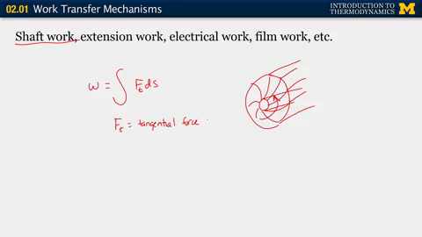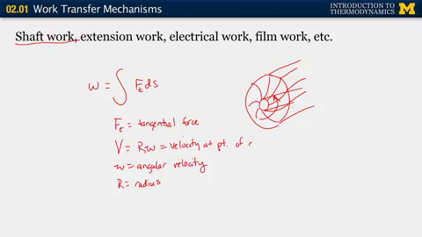And more specifically, we know that the velocity at which we rotate is given by the product of a script W, which is the angular velocity of that shaft, and R, of course, the radius. And we're going to take that velocity, so this is a velocity, but it's a radial velocity here, at the point of application of that tangential force.